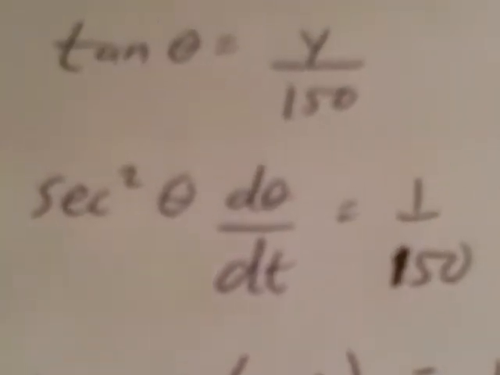And then we go on a little bit further here. So in order to actually do this problem here, so here we have the derivative, we actually need to know what theta is. So back up to the diagram here, we have theta here, we have 50 here, we have 150 here, so we know that the tangent of theta is 50 over 150, or tangent of theta is 1/3.